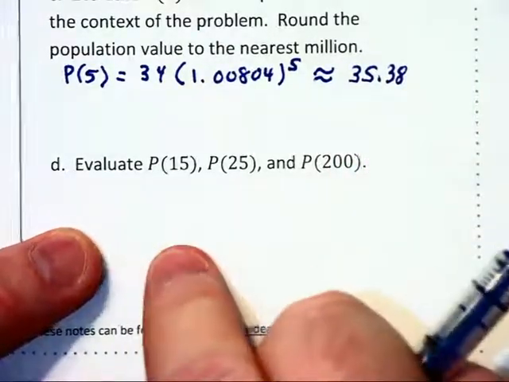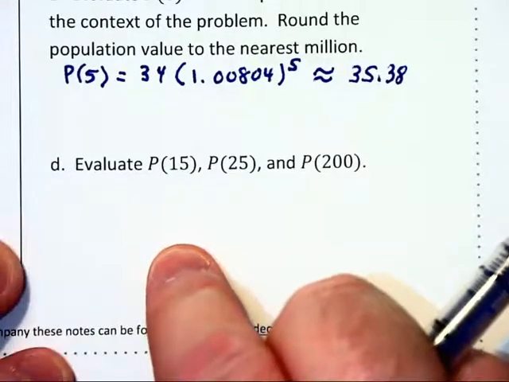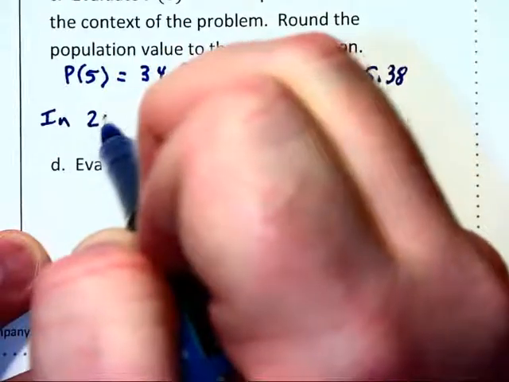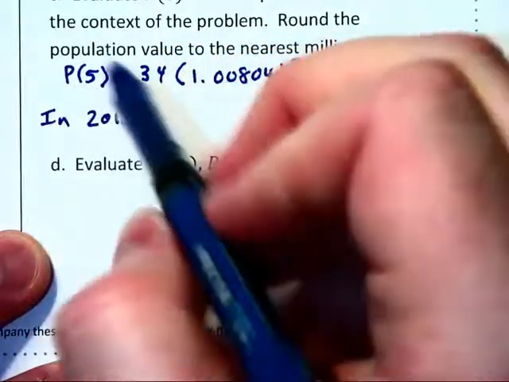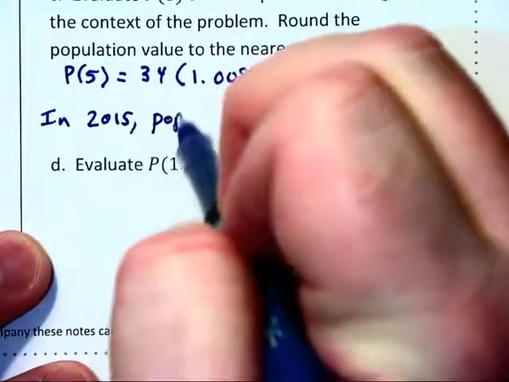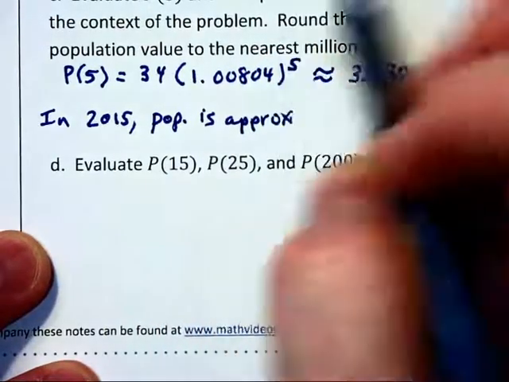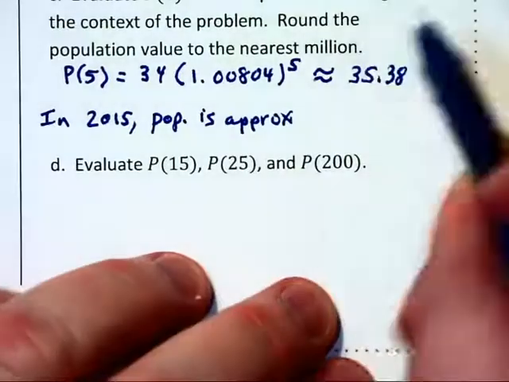Now we substituted in 5, which is 5 years after 2010. So I'm going to say in 2015, the population is approximately 35 million.